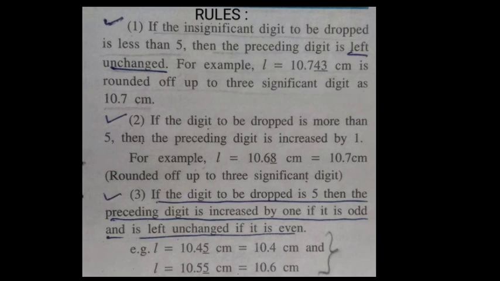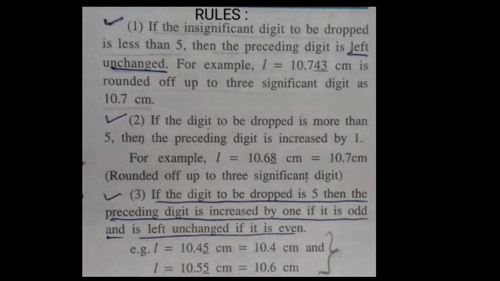Third, if the digit to be dropped is 5, then the preceding digit is increased by 1 if it is odd, and is left unchanged if it is even.